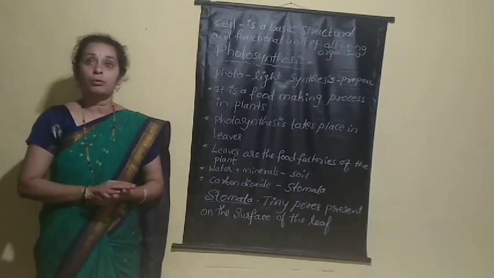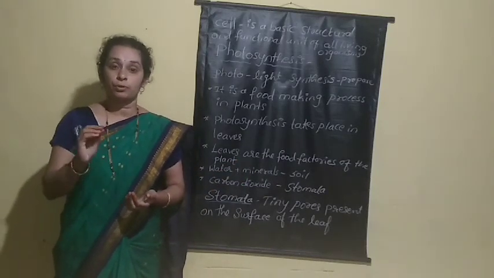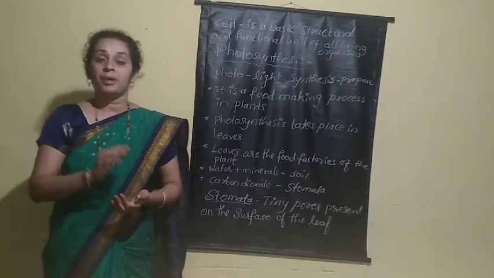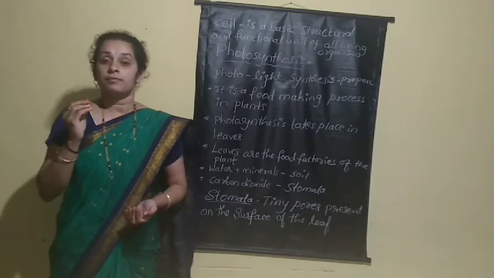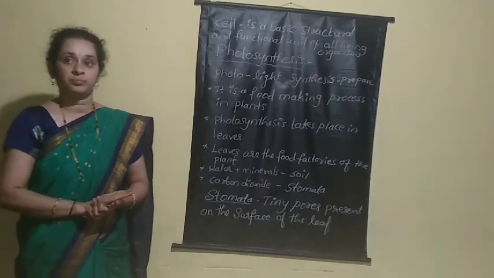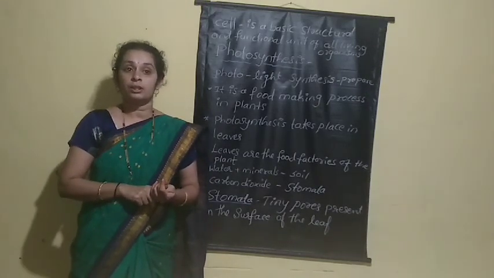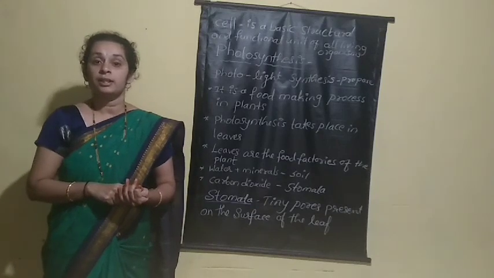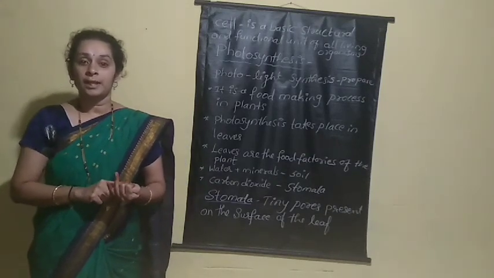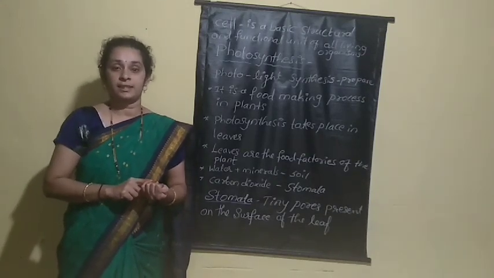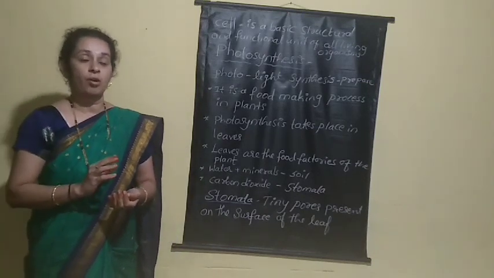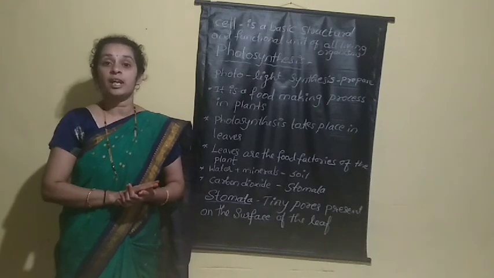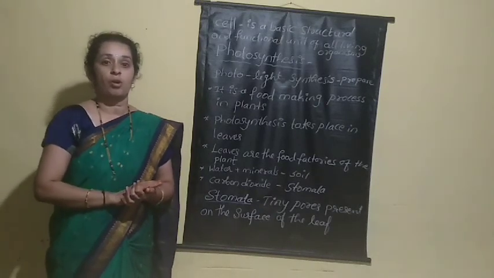To carry out this process, the leaf requires different raw materials. They are water, carbon dioxide, sunlight, chlorophyll, etc.